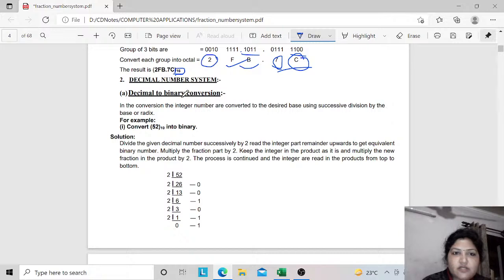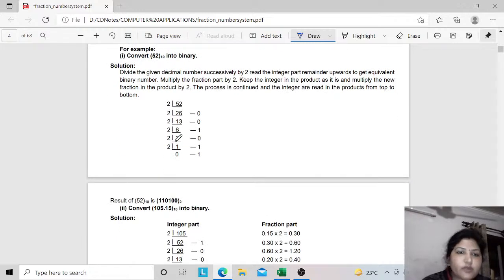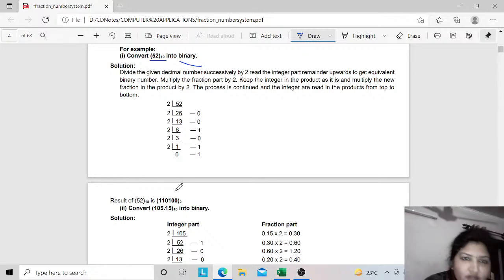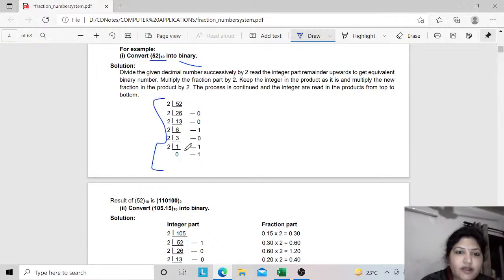Decimal number system, decimal to binary. Decimal has base 10, radix 10, and binary has base 2. Let us see how we convert it. Over here we have the number 52. We keep dividing by 2 until you get 1.